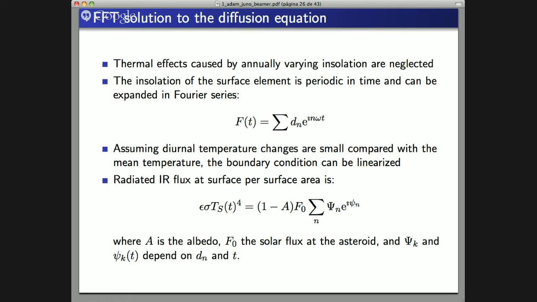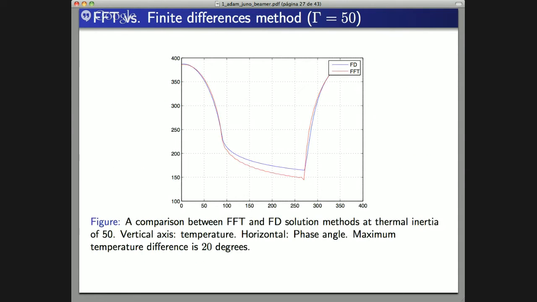So here, of course, we have some disagreement with this method compared to the finite difference solution. On the vertical axis is temperature, and here is the angle between surface normal and the sun's direction. If you have a low thermal inertia, then the disagreement is 20 degrees.